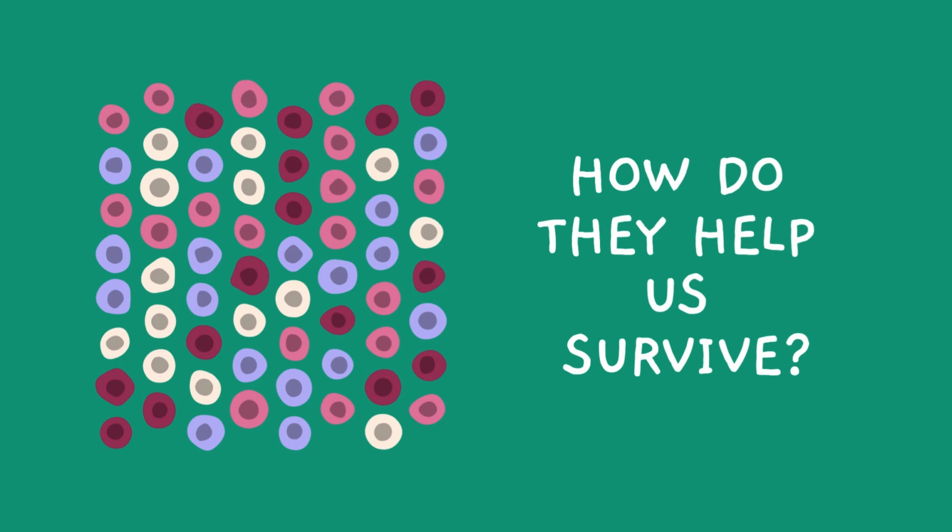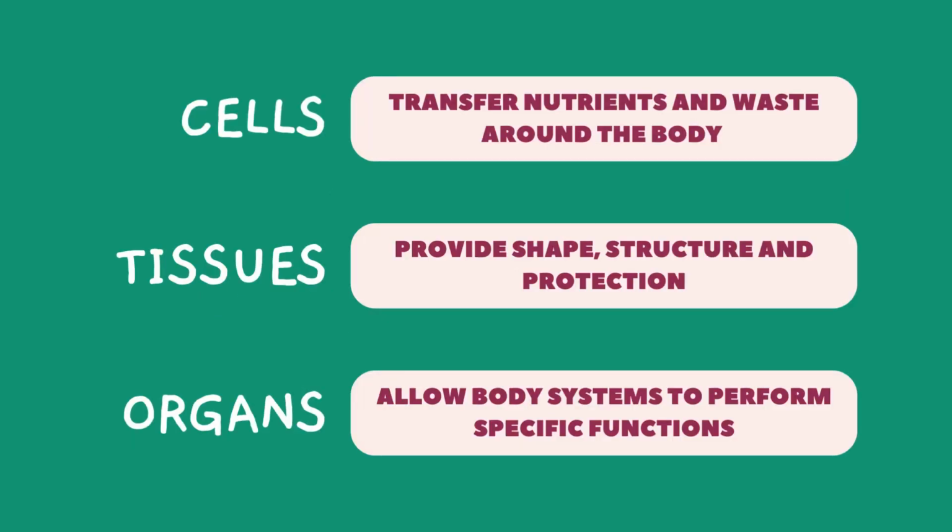So, how do they help us survive? Cells, like I said, are the smallest functional units of life, carrying out basic processes that keep us alive, like energy production and waste removal. Cells group together to form tissues. They're designed to provide shape, structure, and protection. And that contributes to the body's function.